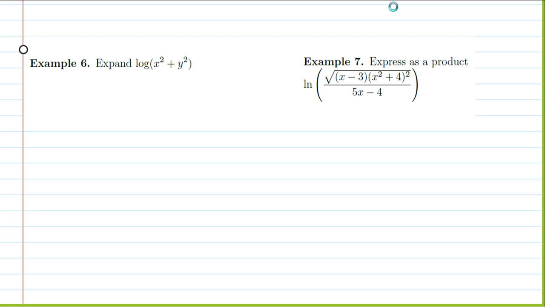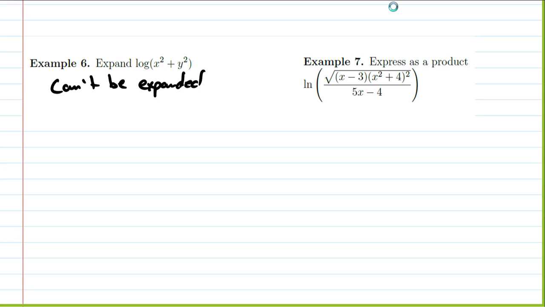Nope. And I don't have a power on the entire argument of the logarithm. So this cannot be expanded. Because we don't have any rules that apply to sums inside of a logarithm, right? They have to be factors, quotients, or exponents on a monomial. We don't have a rule for exponents on individual terms in a binomial. So this one can't be simplified.